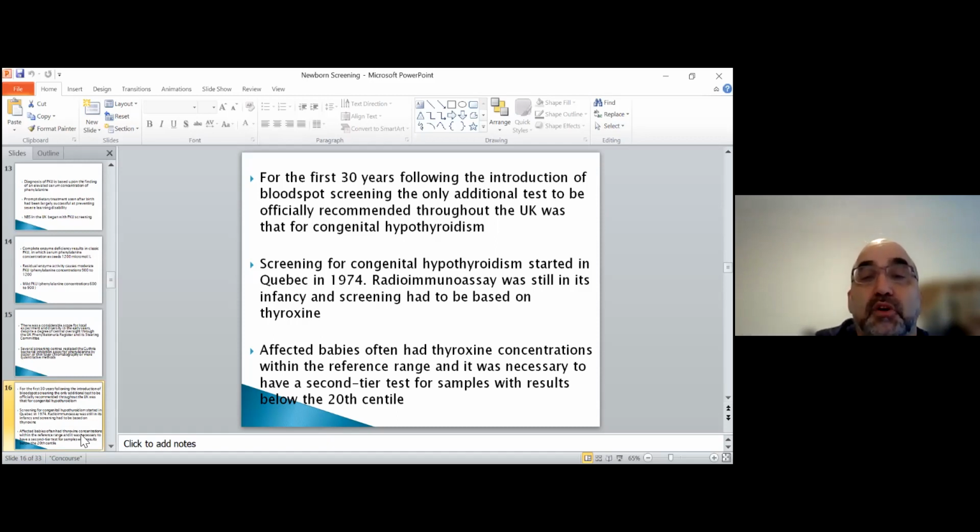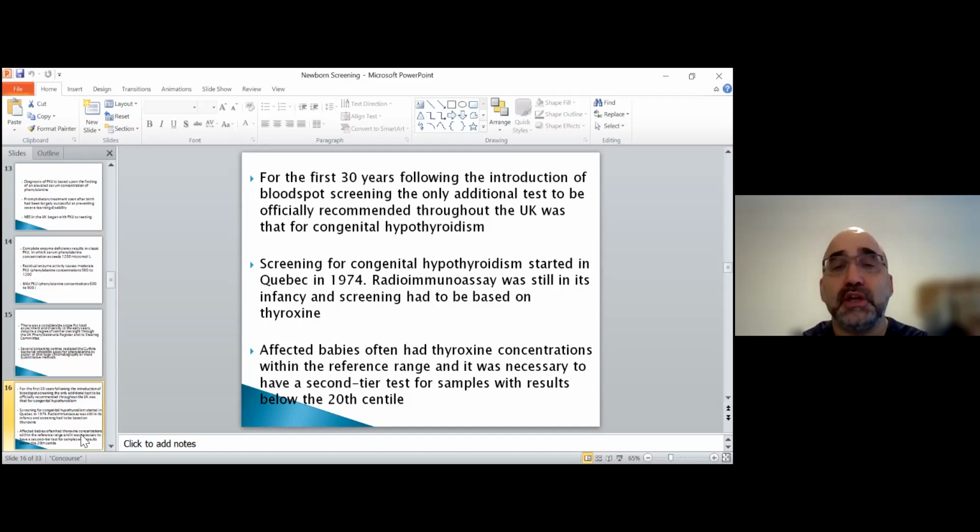This screening started in Canada first in 1974, and the assays at the time were very slow and still radioimmunoassays. They are not used anymore in the UK at all, or in most other countries. That was used to check the T4 at the time, so thyroxine levels were used.